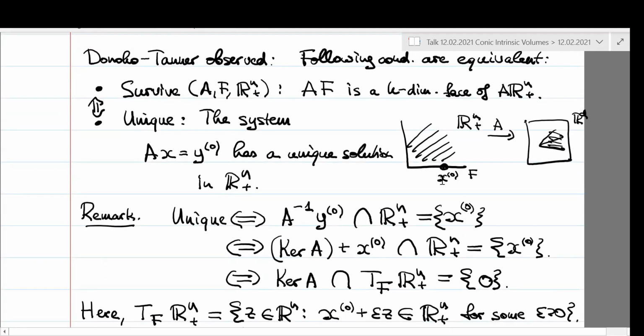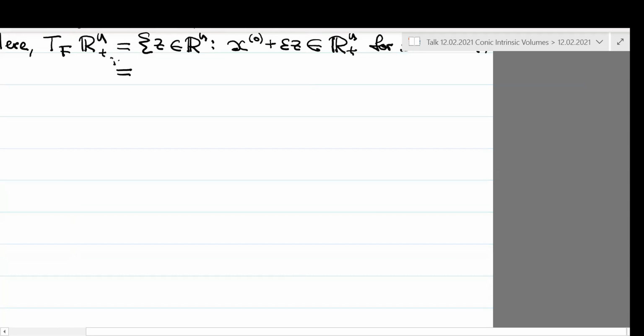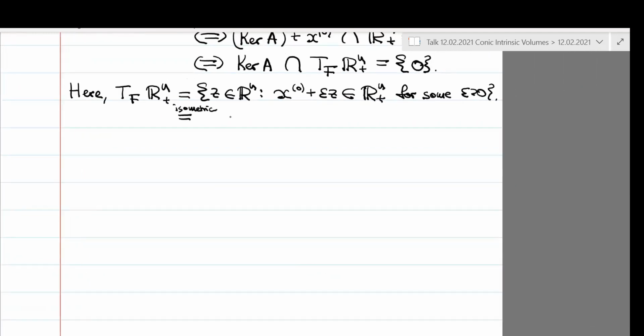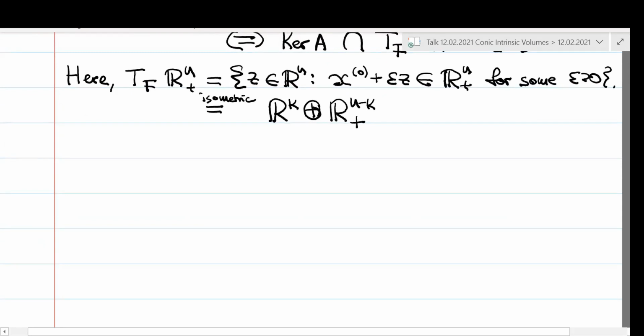So in these coordinates, we can add anything, and at coordinates which are 0, we can add just non-negative numbers in order to stay inside, which means that this cone is isometric to the cone of the following form. In k directions, we can add anything, and in n minus k directions, we can add only positive numbers. So it's a direct sum of two cones.